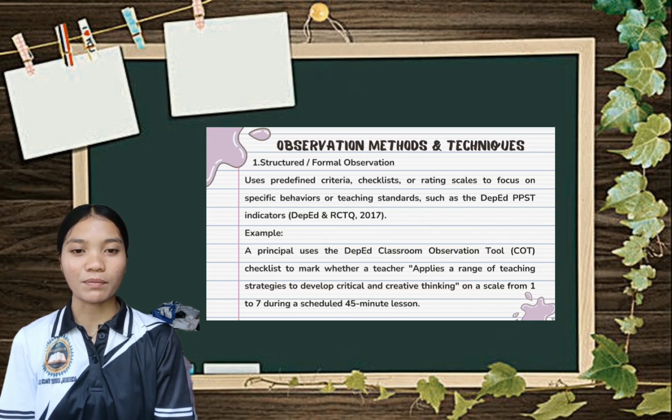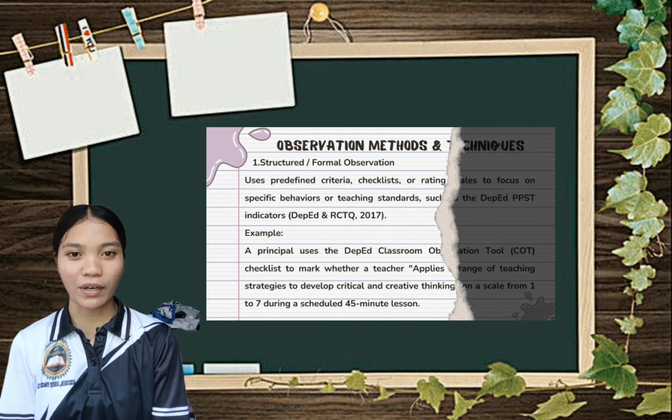For example, the observer may check whether the teacher applies different teaching strategies to develop student critical and creative thinking. Therefore, structured observation is organized, systematic, and guided by specific criteria.